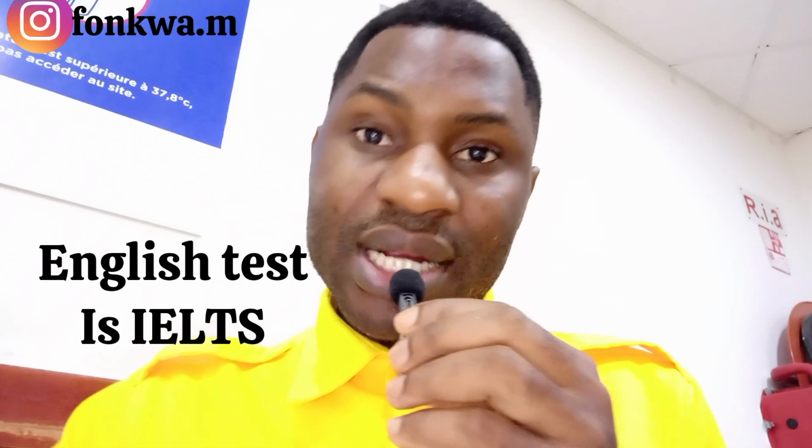Second thing you need to know is you have to sit for the English test. English test is very, very important. Now, some other universities may not ask you for a test, but at least 75% of schools in Australia would definitely ask you for an English test, which is called the IELTS or the TOEFL score. But most of the time, most schools in Australia will ask you for IELTS.